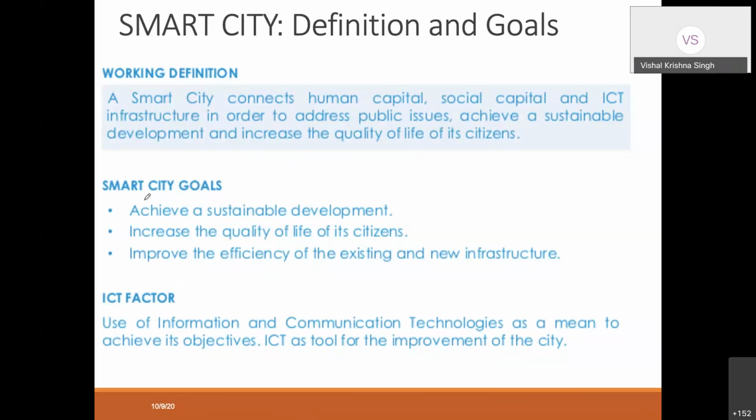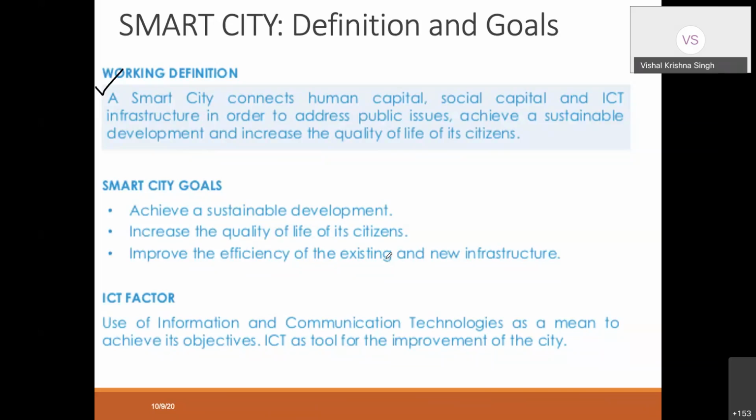As you can see, the definition of the smart city, which is shown over here, is the working definition. From the working definition, it is quite clear that a smart city involves human beings, the infrastructure, and the information and communication technology, and the idea is to provide the basic necessities of a human life.